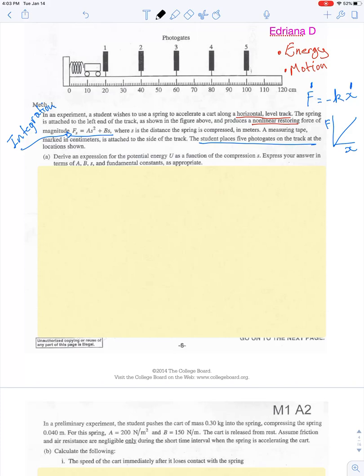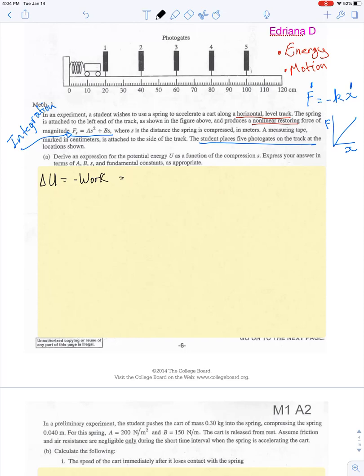Now, if they're just asking you for the potential energy, you must remember some facts. The change in the potential energy is equal to the negative of the work. In other words, it's just F times x.